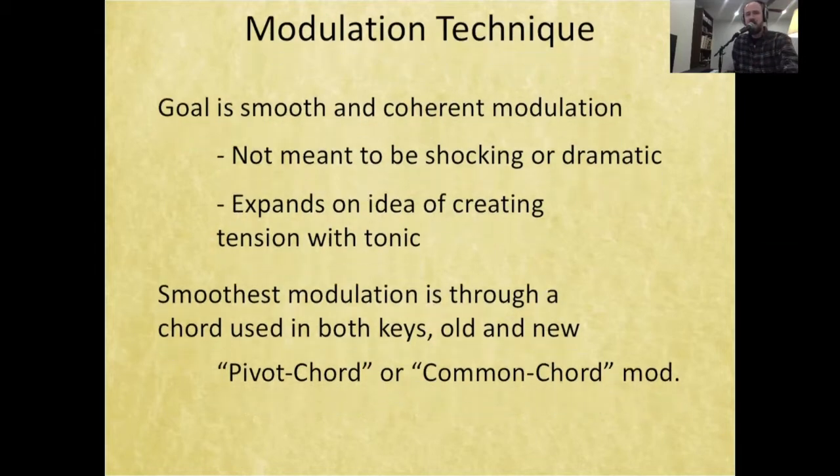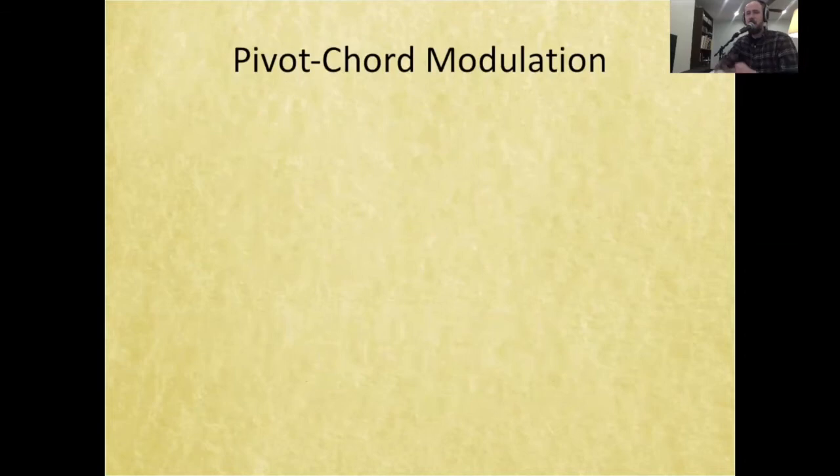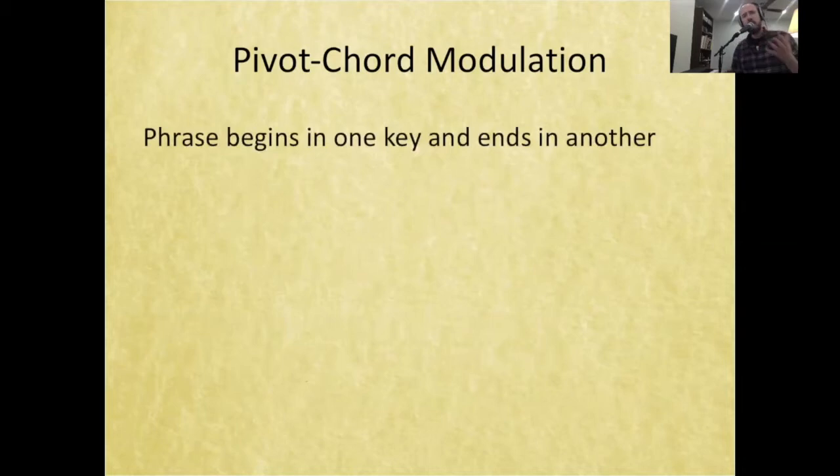All right, so let's dig into this pivot chord modulation a little bit more. One thing that's really important, as we continue to differentiate between modulation and a key change, is that modulation happens in the middle of a phrase, so that we start our phrase in one key and end it in another, meaning that the modulation happened in the middle of the phrase.